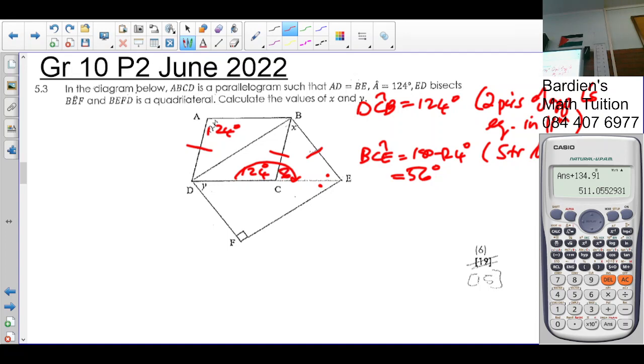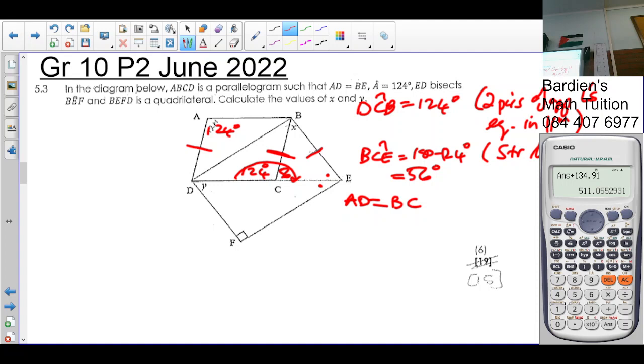But now, you see this length there, that marking wasn't there on the diagram, so I must introduce it before I use it. I must state it. So we know that AD is equal to BC. Why?